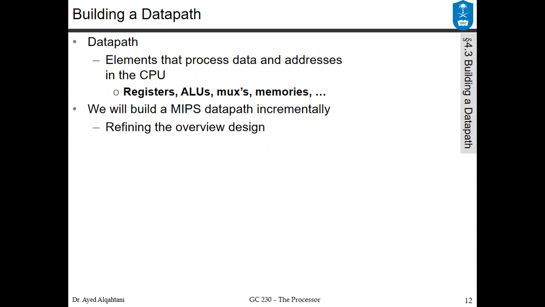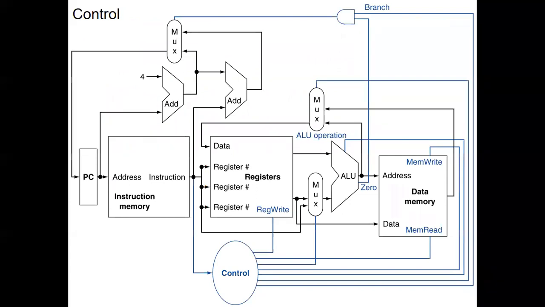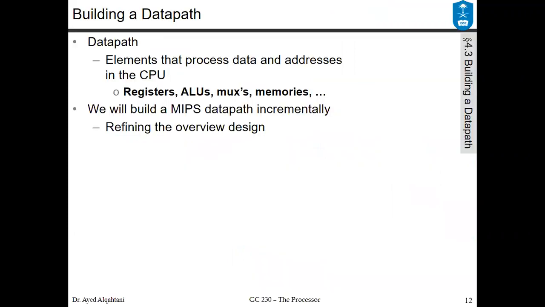And if you go back here, the black lines that you see in this processor design, any black line here is a data path. The blue lines here are the control paths.